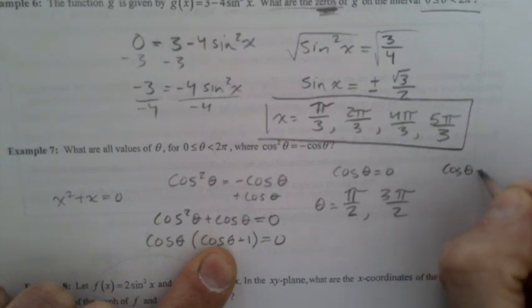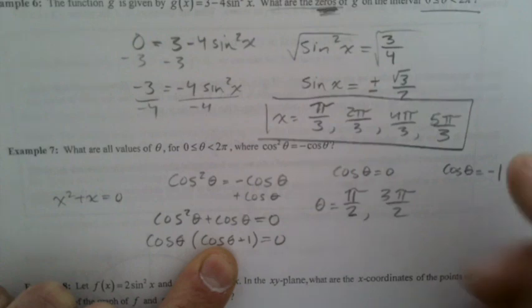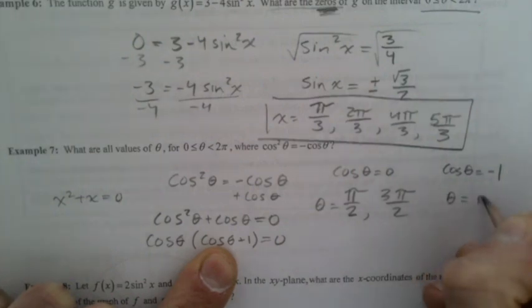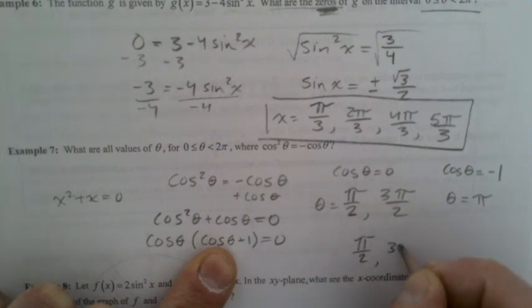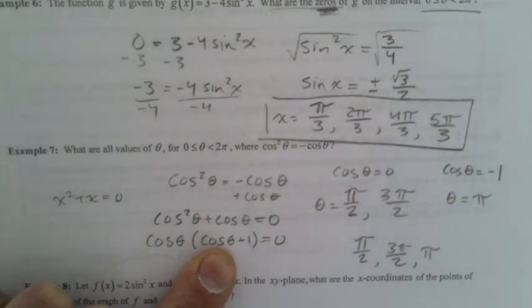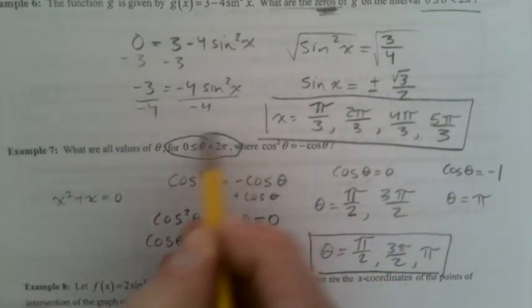Cosine theta is equal to negative 1. When do we get a negative 1 for the x value? Well, you should recognize that one as theta equals pi. So here we go. We got our three answers, pi over 2, 3 pi over 2, and pi. I do not need to put a general form. I don't have any repeating values because it restricted my domain for me.